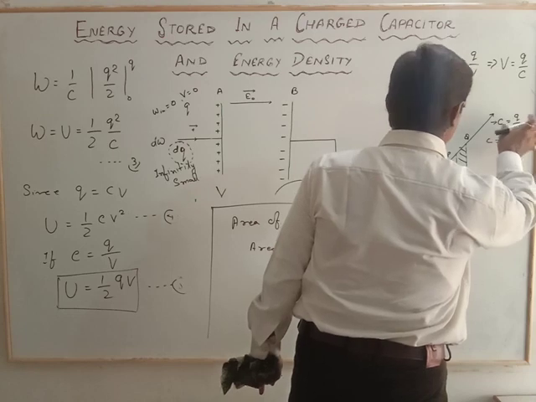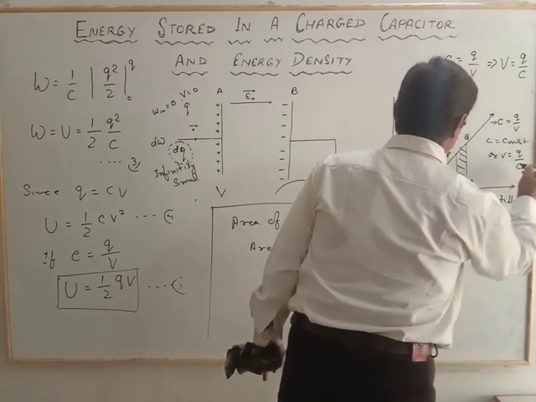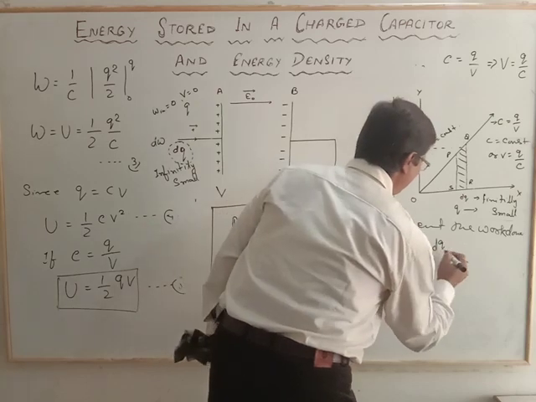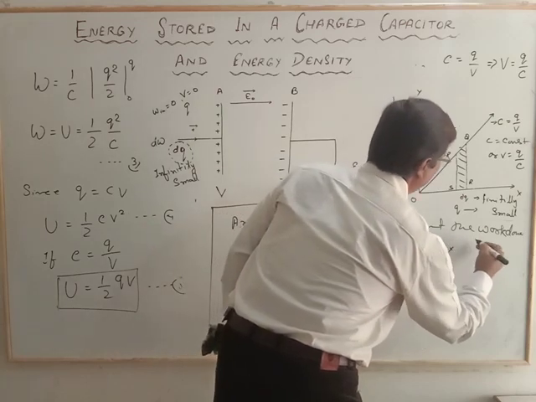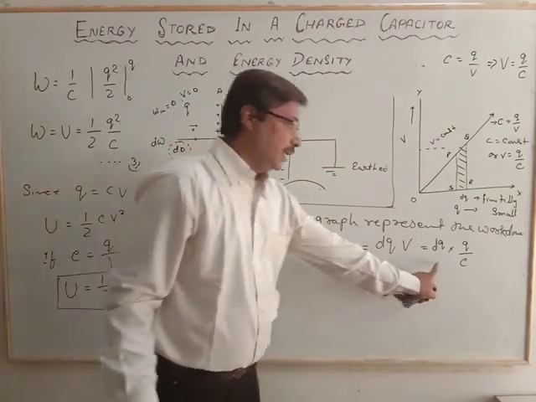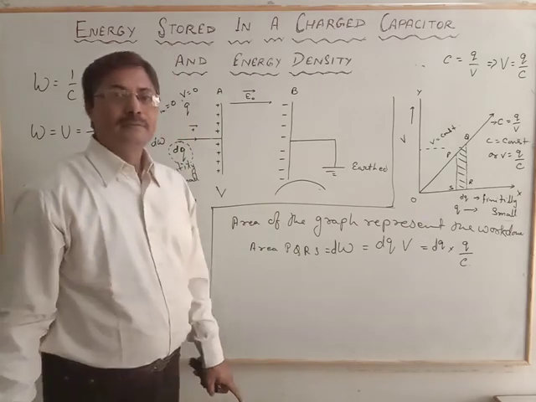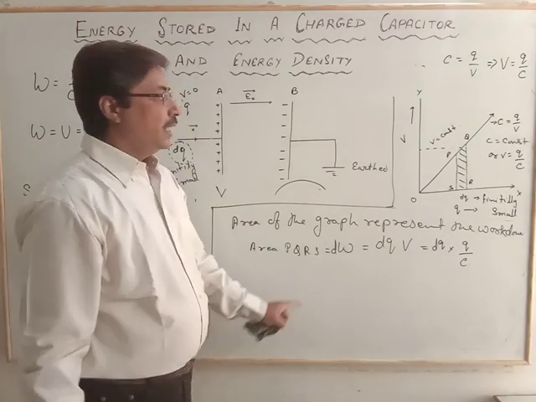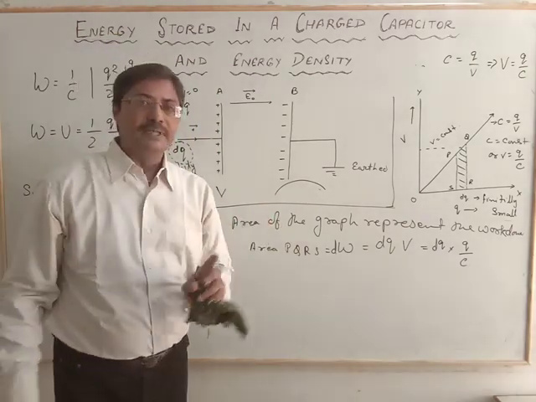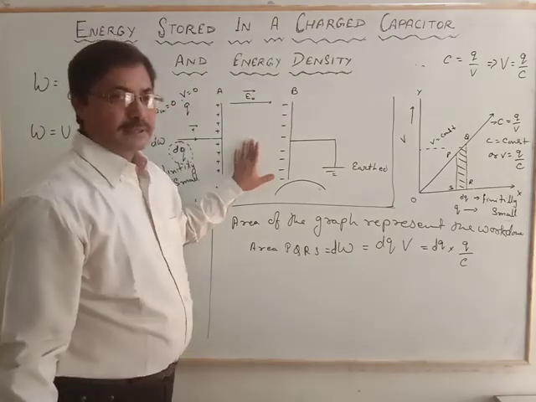V is equal to Q by C, so that becomes dq into Q by C. Now as earlier, we will do the same and we get the energy here. That means in a number of ways we understand how the energy is stored in a capacitor.